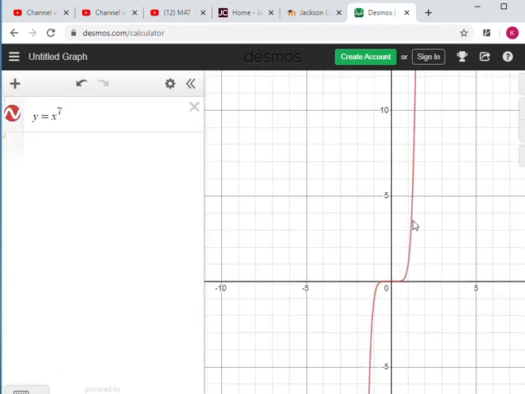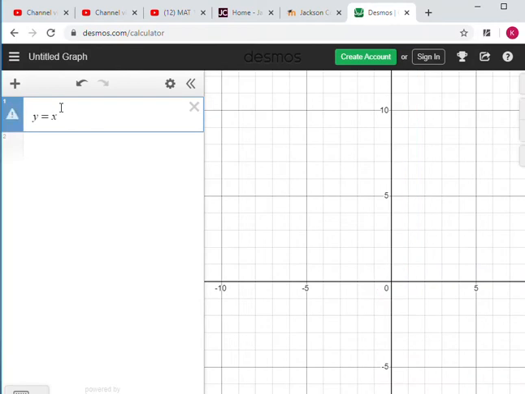They all have this sort of a wave look to them. While all of the even-powered functions, like x to the sixth, have this look that's somewhat similar to a parabola. The larger the exponent, you may have noticed, the flatter the vertex gets, but at least superficially, it's somewhat similar to a parabola.